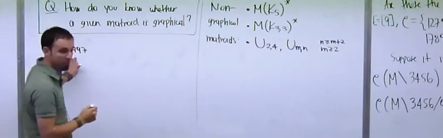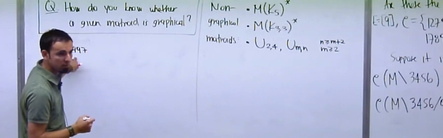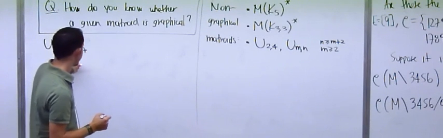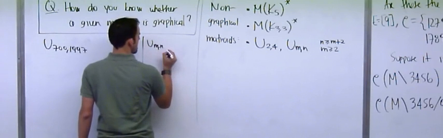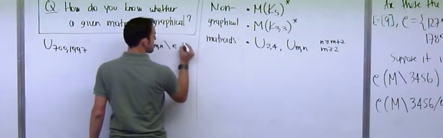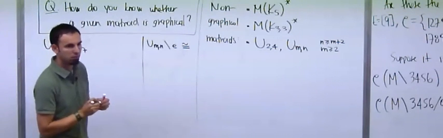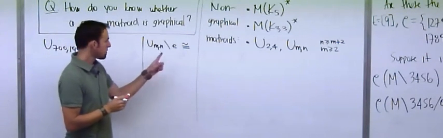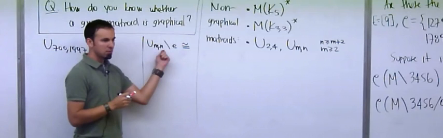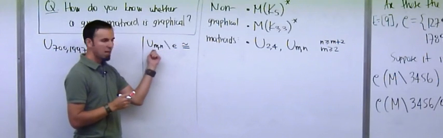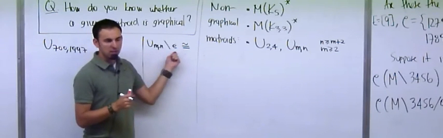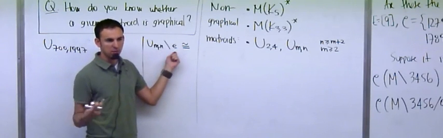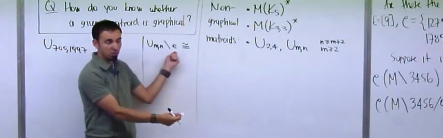So we know that this guy is not graphical. Is it because there's a U24 in there? Well, what happens when you take a uniform matroid and you delete an element? You had a matroid of n elements where any m of them are a basis. Now you're deleting the element e. So what that means is you're forgetting e exists and you're just looking at the bases that don't contain e.